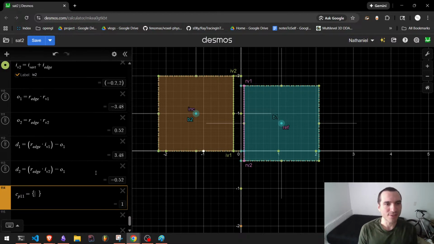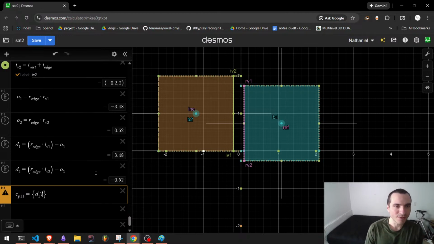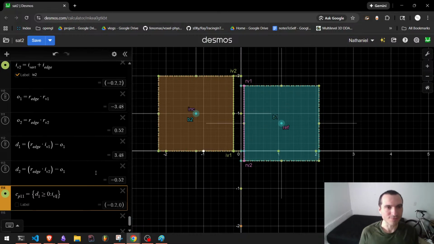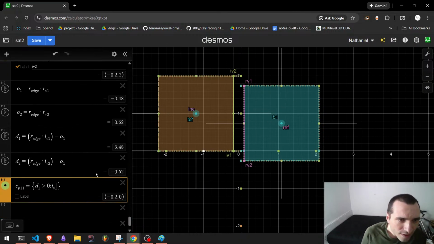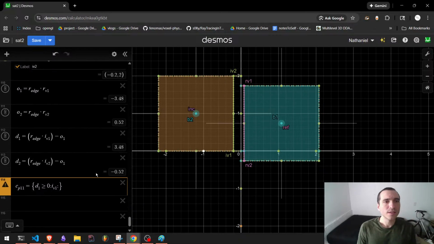We'll give the piecewise function if D1 is greater than or equal to 0, we're going to feed in incident vertex 1. Otherwise, that means that the distance when we clip incident vertex 1 along the reference edge is going to be less than 0, so we're going to feed in the second vertex here, IV2.